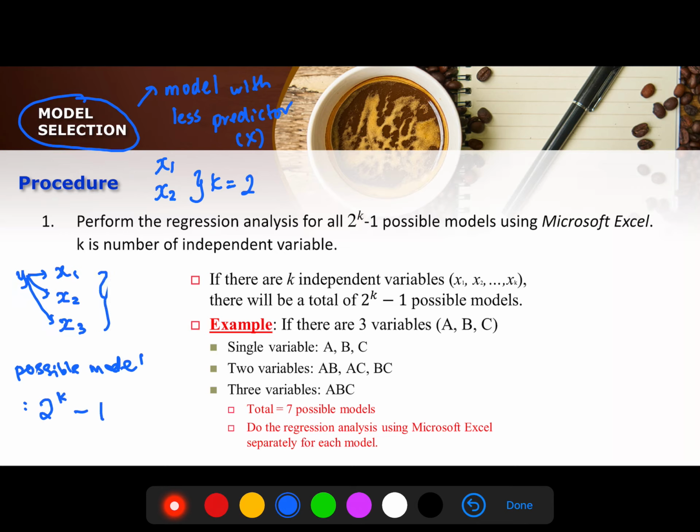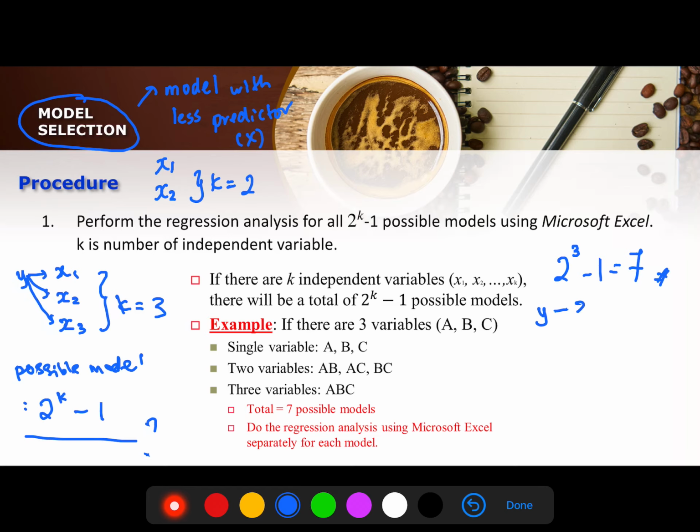Here we have x1, x2 and x3, so k is equal to 3. So 2 to the power of 3 minus 1 equals 7. We have 7 possible models.